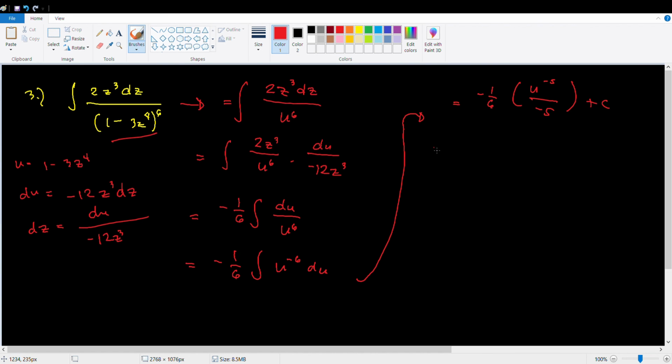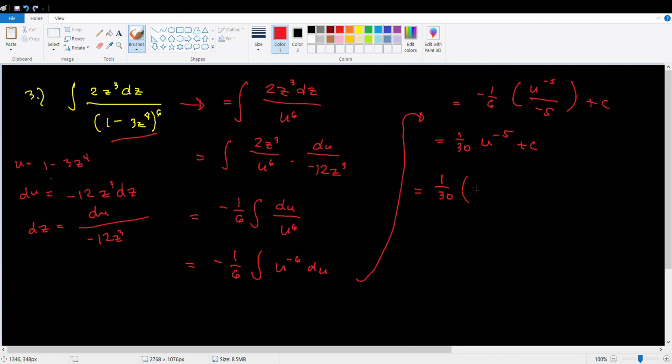So here this becomes 1 over 30 u raised to negative 5 plus c, which is just equal to 1 over 30 times, what is the value of our u?